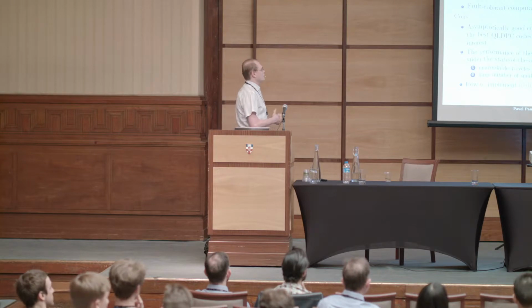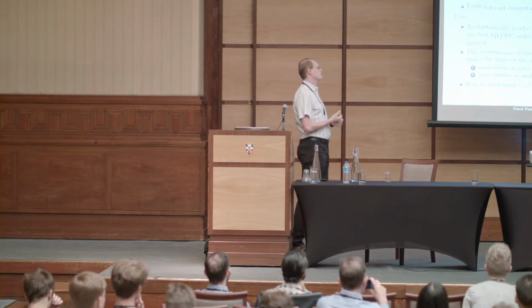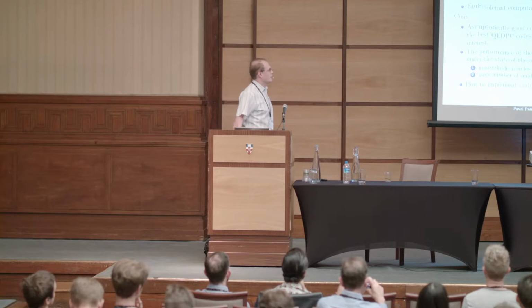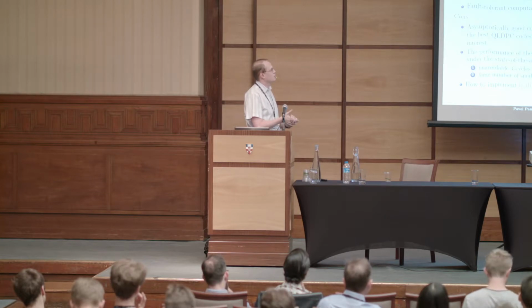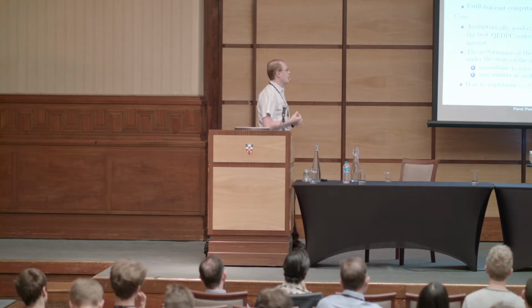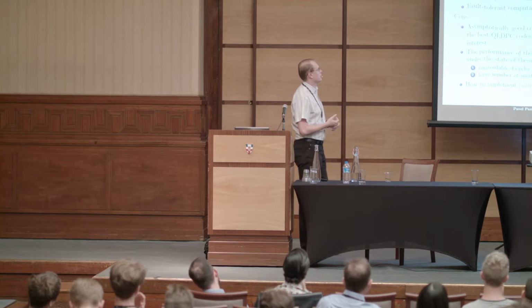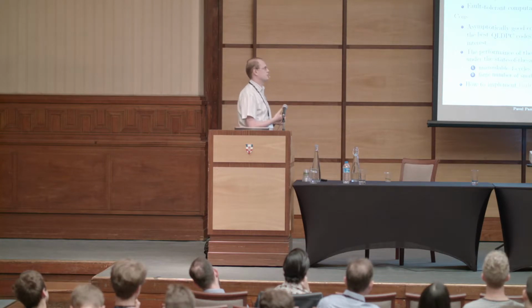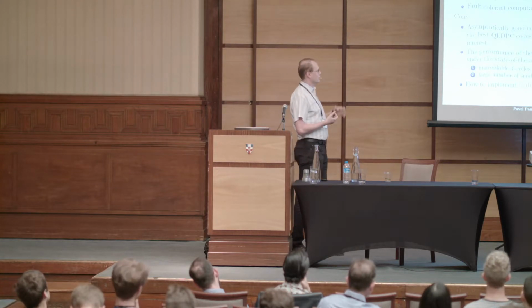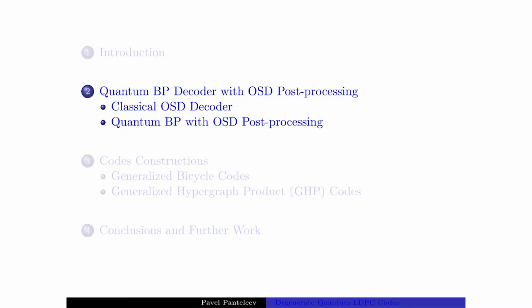Also, of course, we need to implement fault-tolerant gates, and it is not clear how we can do it in general QLDPC codes. In this work, we mostly deal with two of these problems, code constructions and performance, with a new decoder for these general QLDPC codes.